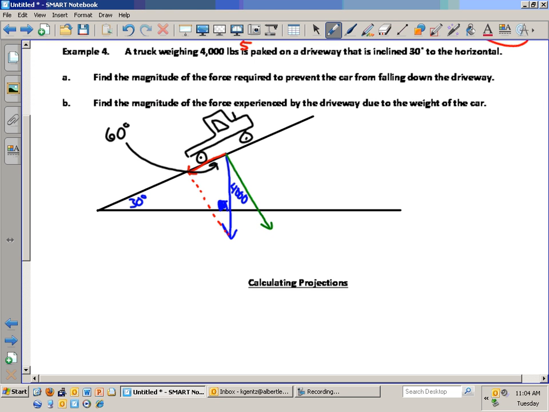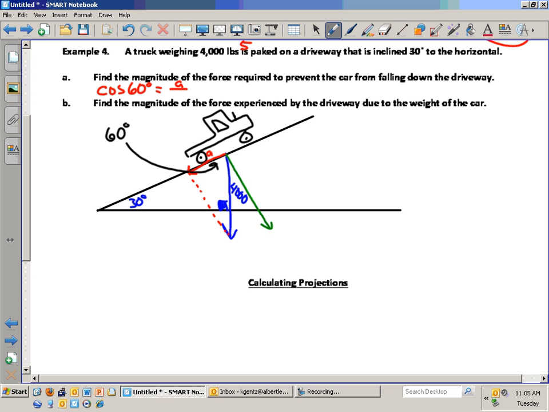How are you going to find this piece right here? We will call it A. How are you going to find A? Somebody tell me. Cosine of 60 degrees is equal to A divided by the hypotenuse.